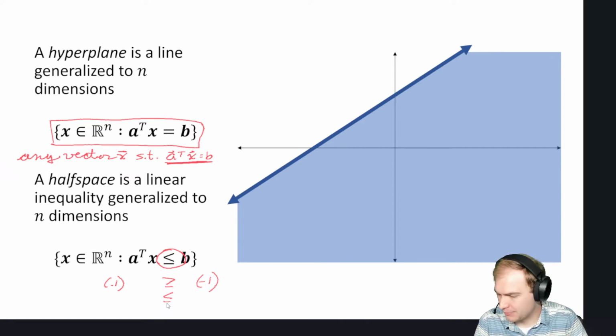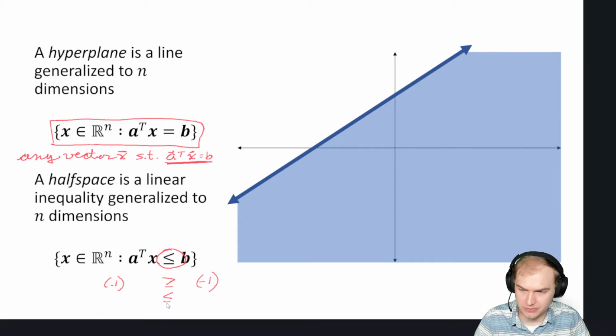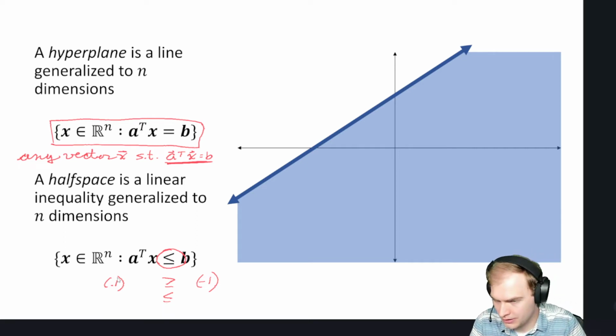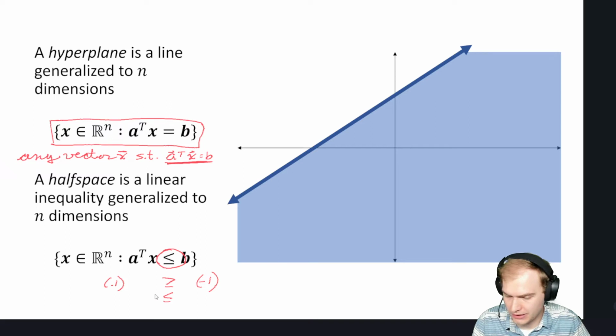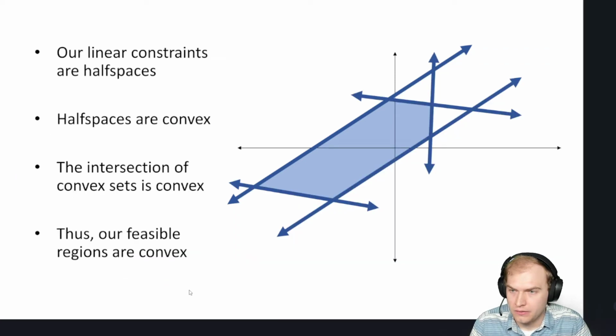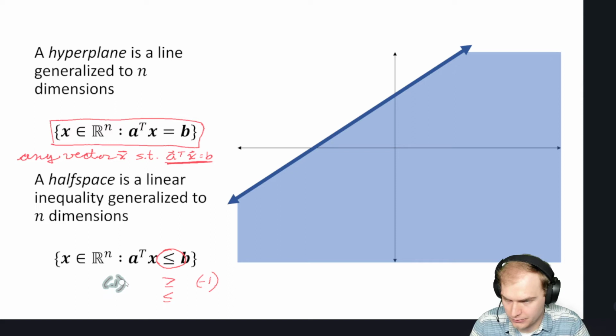So different books will pick different standards for which inequality they want to show, but just know that they're effectively interchangeable just by multiplying by -1. Well, let me write that a little more clearly, perhaps.